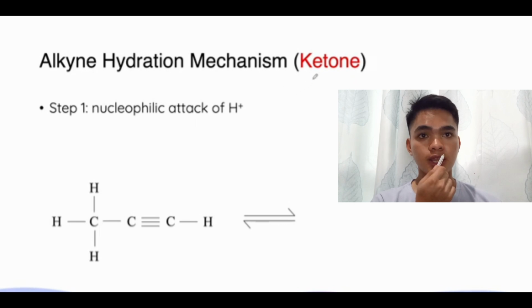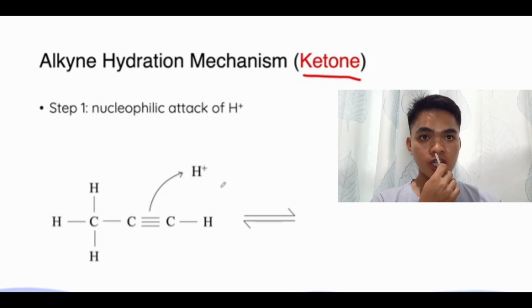First, we'll look at the formation of ketone as a result of alkyne hydration. In the first step, there's a nucleophilic attack from the triple bond onto a hydrogen ion which is produced in the solution as a result of the dissociation of an acid catalyst.